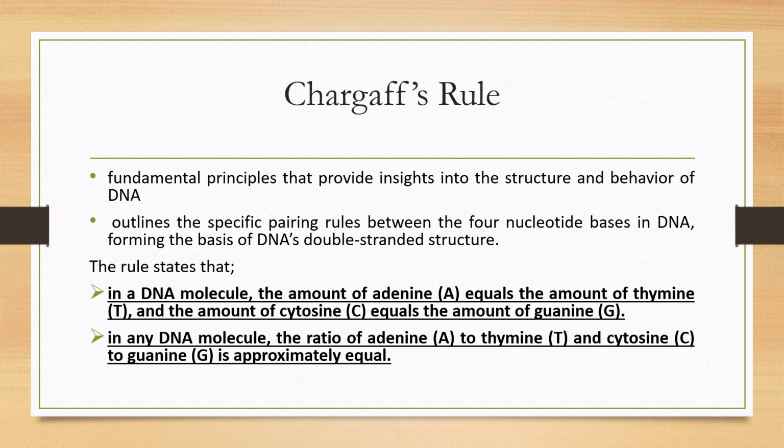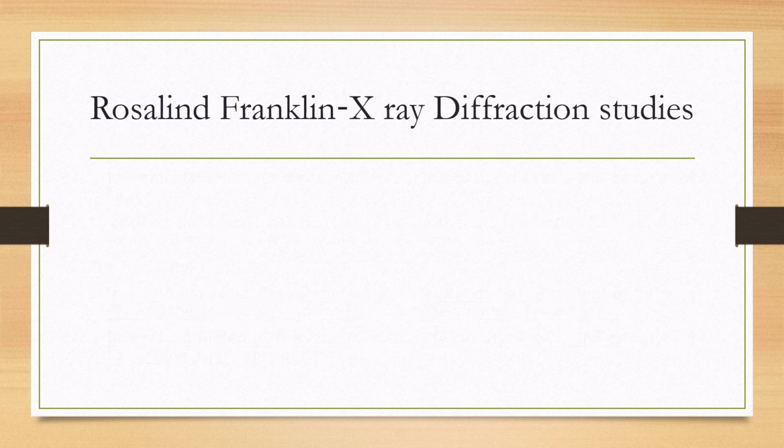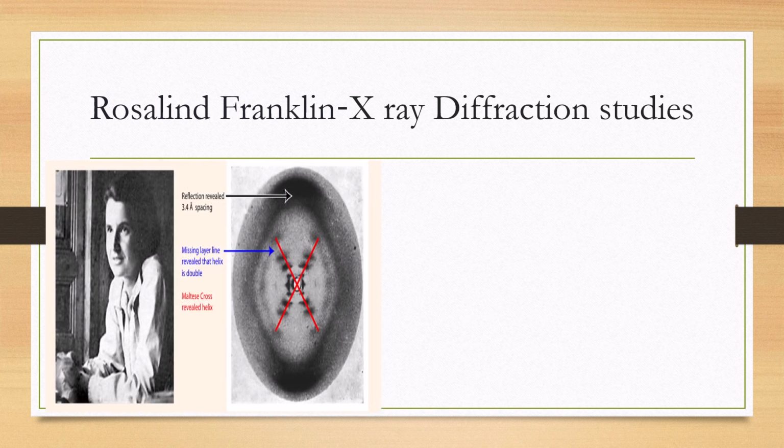Now, let's look into the next historical event which led to the discovery of the DNA. Rosalind Franklin did X-ray diffraction studies on the DNA. She passed an X-ray beam and studied the shadowed structure of the DNA.